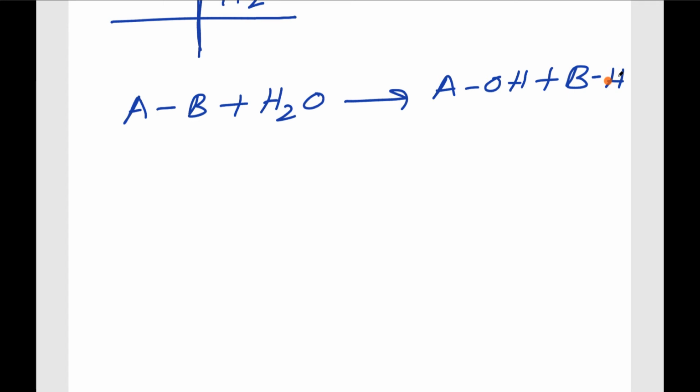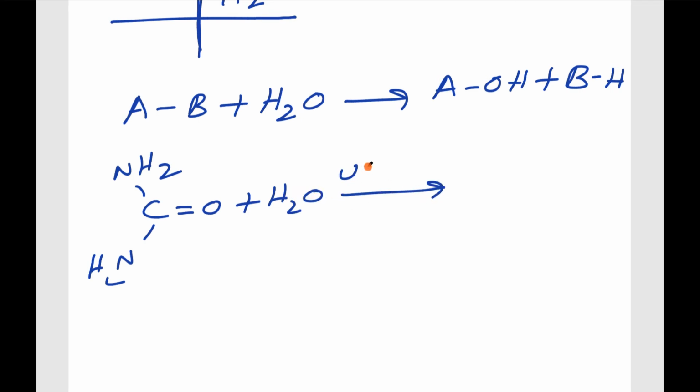So let us take up the urea. In the presence of urease enzyme, this leads to formation of ammonia and carbon dioxide by the action of urease enzyme.